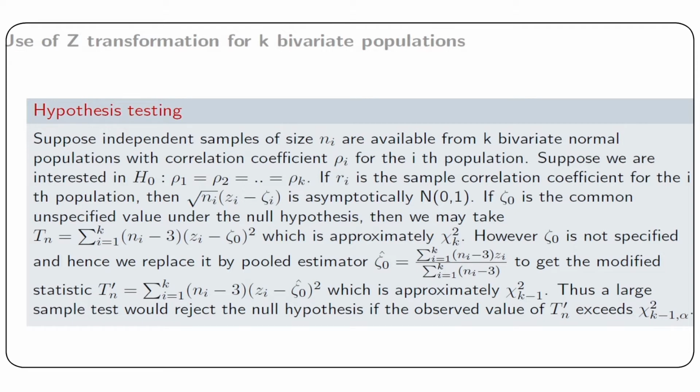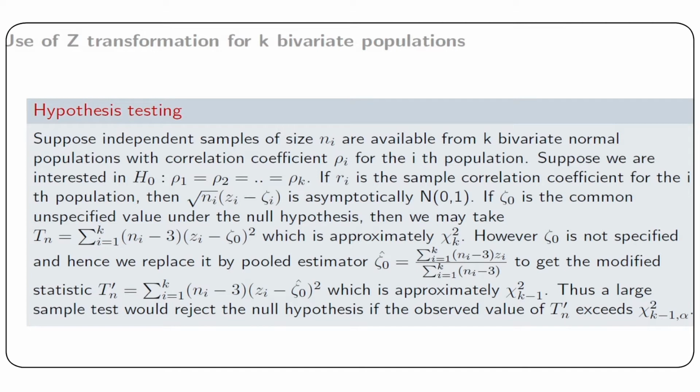Since we have replaced zeta naught by zeta naught hat, we get a linear restriction, and it is well known that the distribution of a sum of squares subject to a linear restriction reduces the degrees of freedom of the chi-square variable.